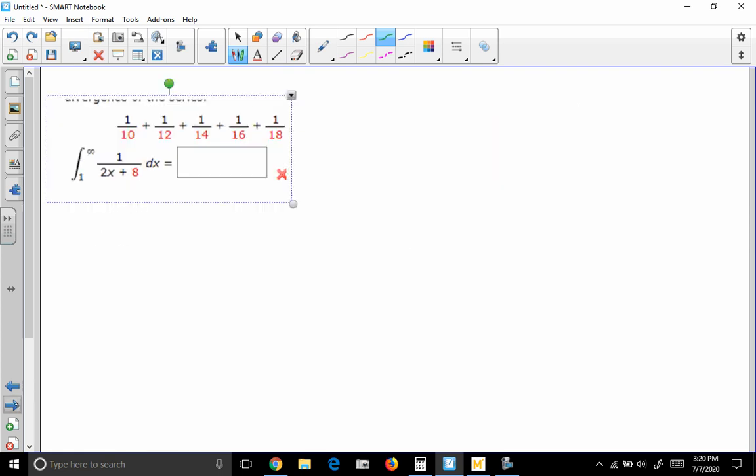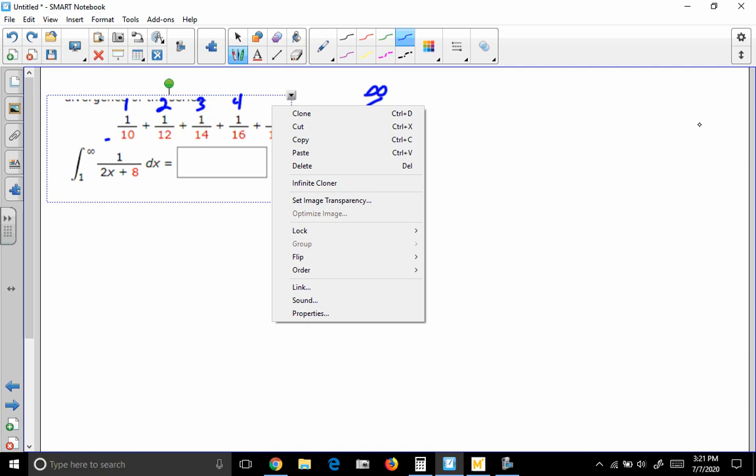All right. Let's take a look at this one. We want to look at a series that goes from, I believe, 1 to infinity. This is our series: the first term, second term, third term, fourth term, fifth term.